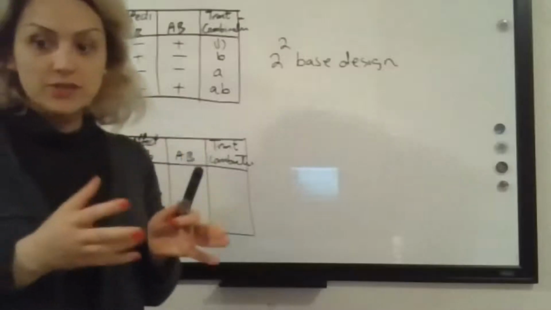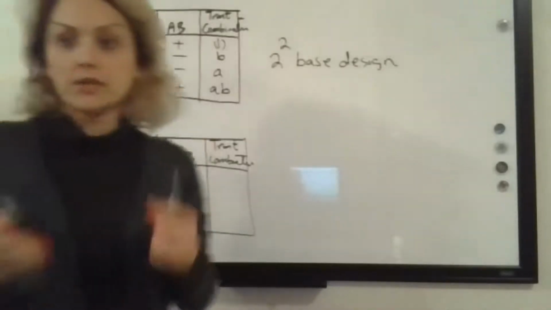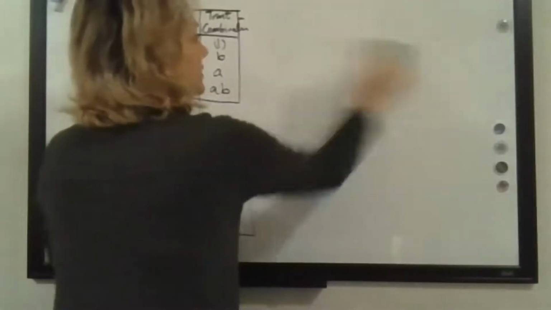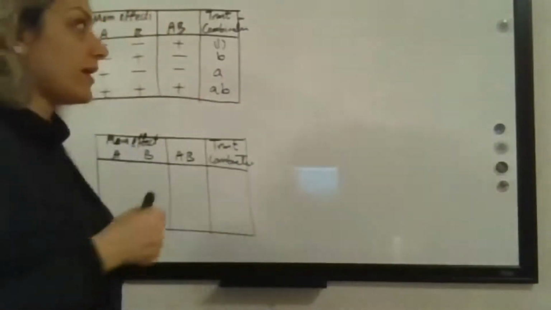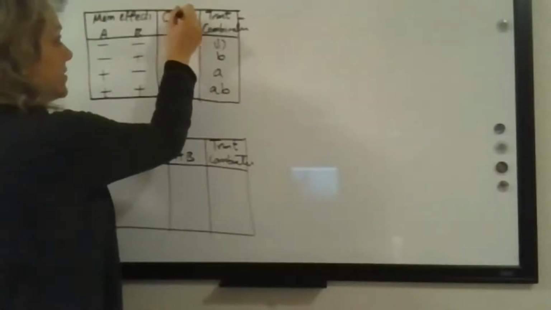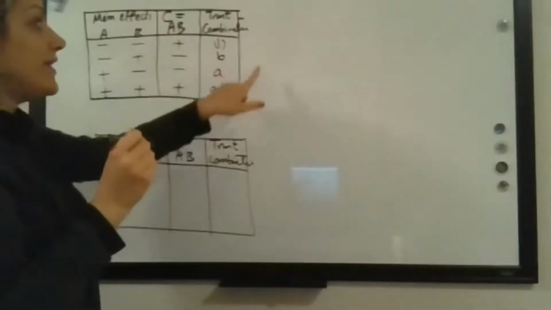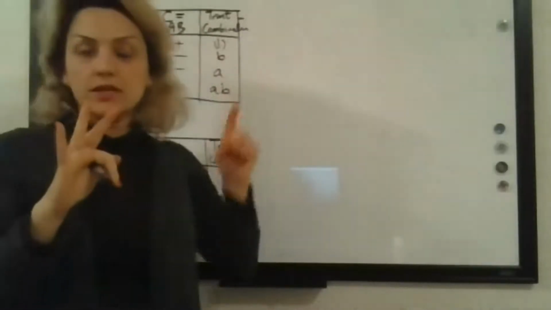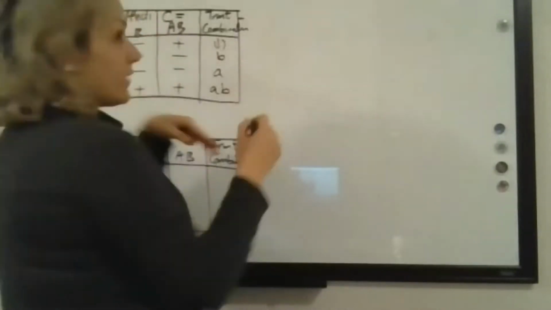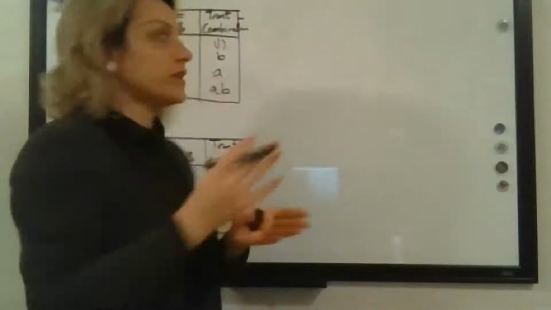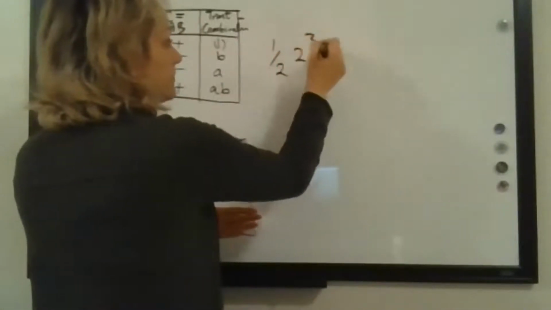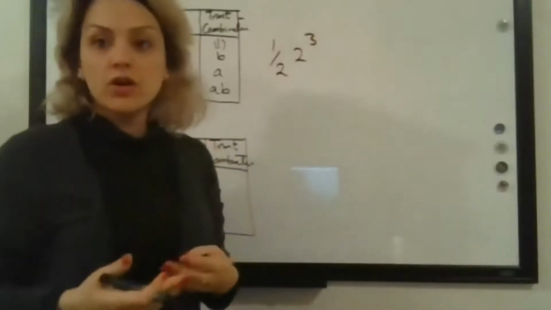The only difference you would see is that, first of all, it's 2 power 3, so it's fractional, and I can't write it down like this. I would write C is equal to AB. Because we have 3 factors and we are taking half of it, the fraction is 1 over 2, 2 power 3 fractional factorial.